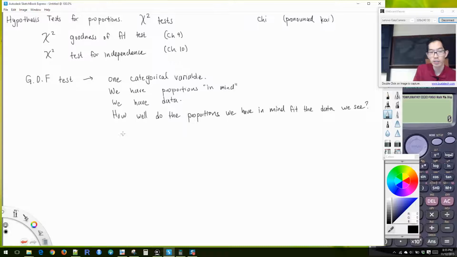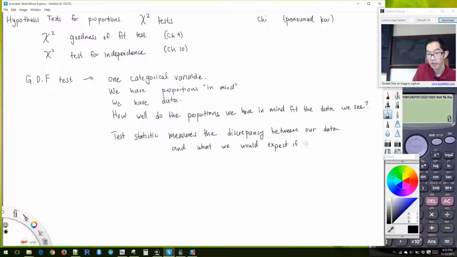And basically our test statistic measures the discrepancy between our data and what we would expect if our proportions were correct.